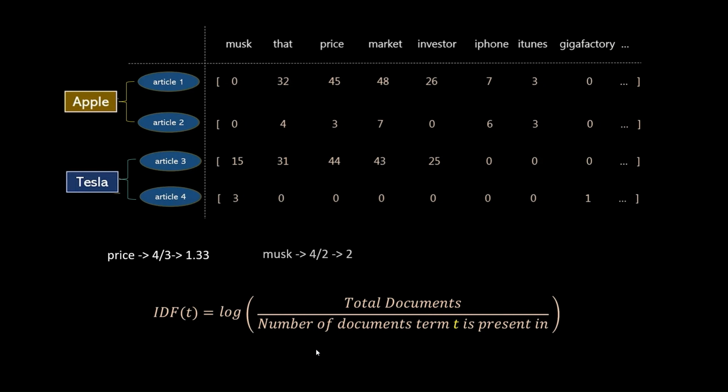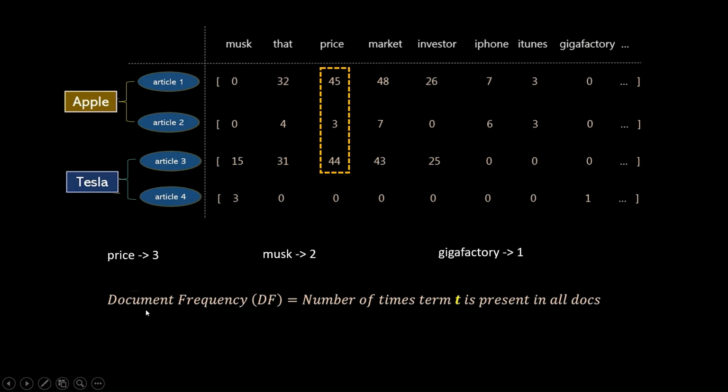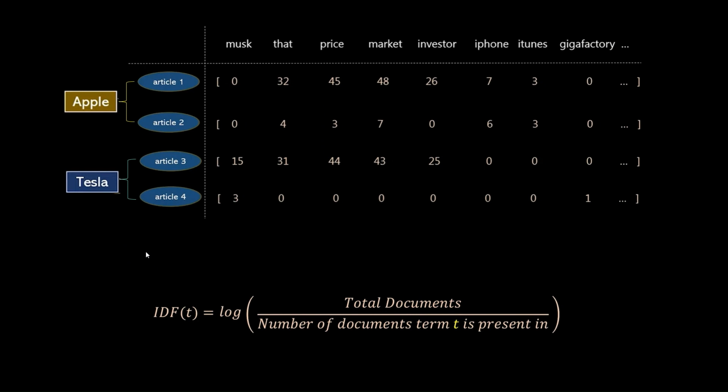Okay. Now look at the IDF values of these words. Price has occurred in three documents out of four. So the IDF value of price is 4 by 3, which will be 1.13. In the previous slide, the document frequency count of price was 3. That value is reduced with the inverse document frequency formula.